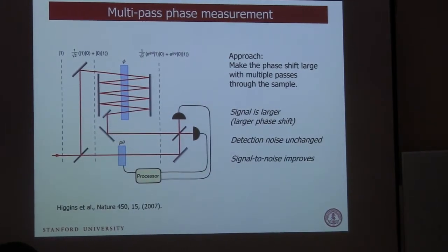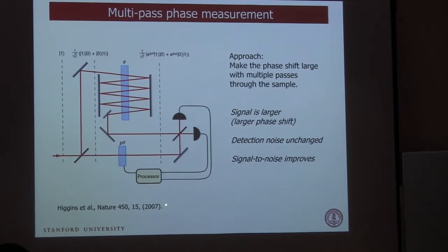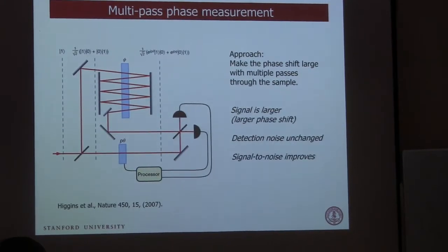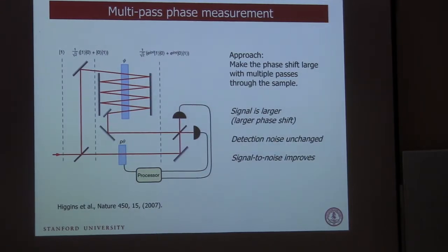Okay. And by the way, the beauty of this paper, there was this kind of experimental element in it, but there's a lot of interesting quantum optics that goes into establishing how you can optimally, for a minimum number of particles, infer even the phase shift after these n passes.